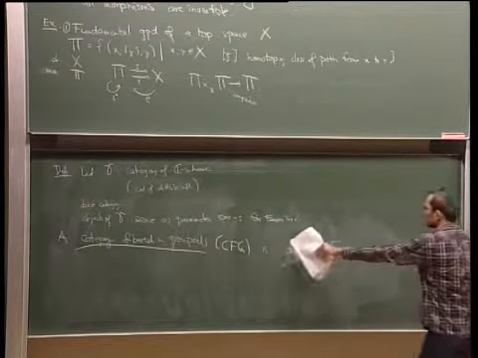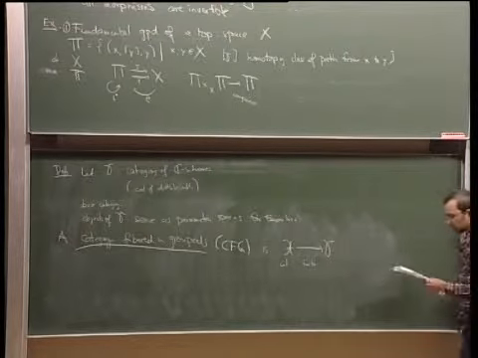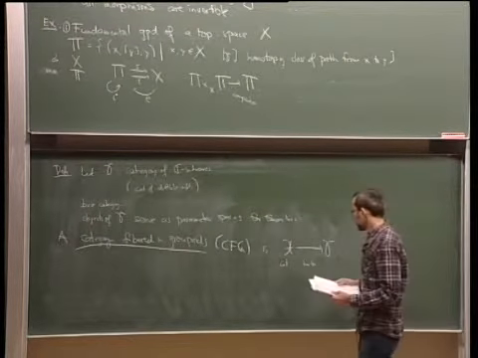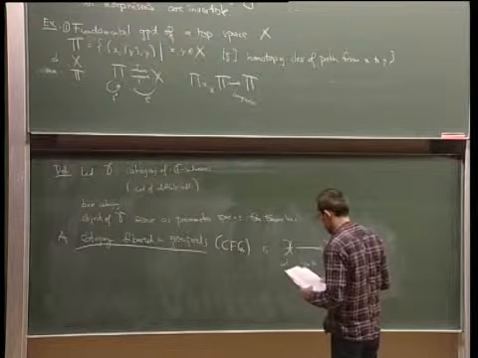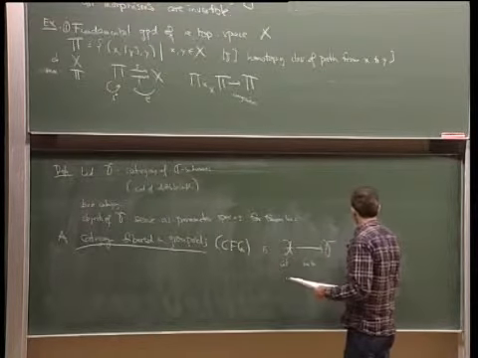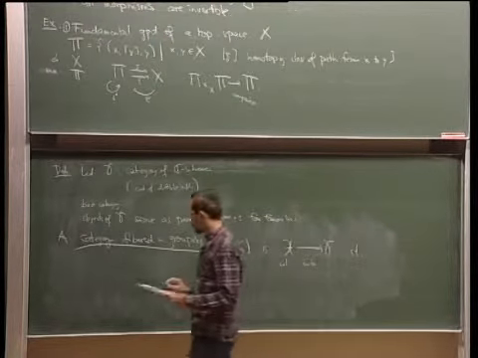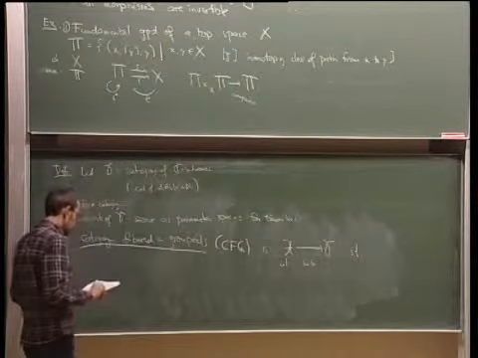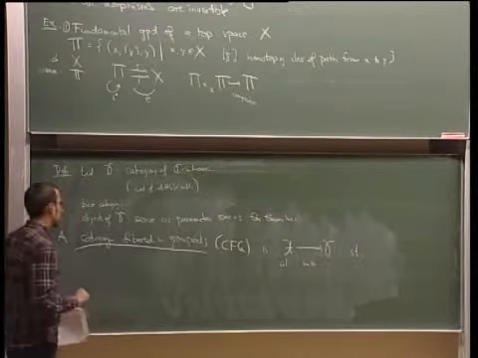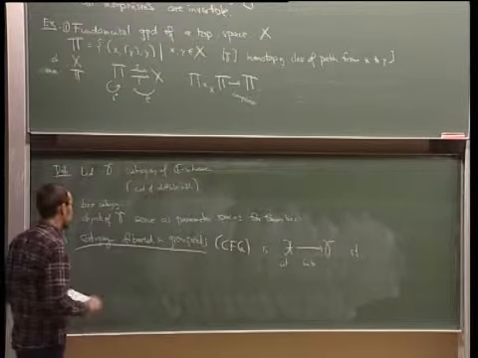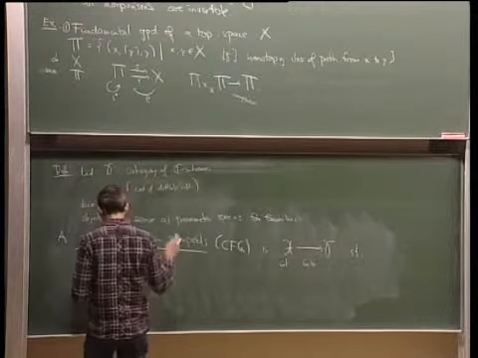So it's a category X together with a functor to S, such that, okay, what are the axioms?